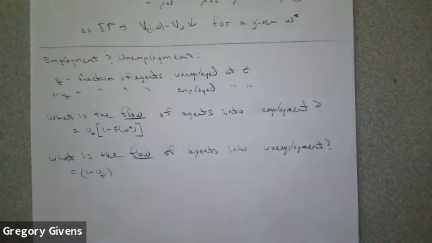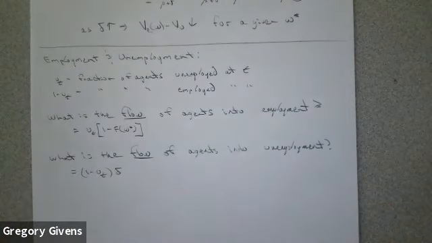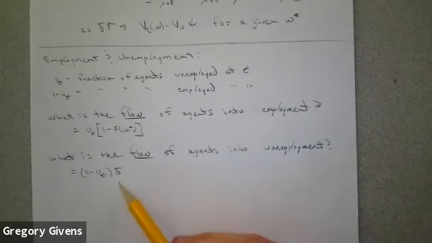So that's 1 minus UT, times the probability that any one of those agents is going to be separated from their job. This product here then represents essentially the proportion of the entire population of mass 1 that will end up losing their job in period T and therefore having to search for a job in the next period.